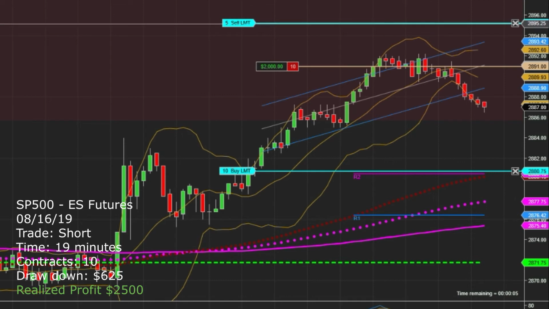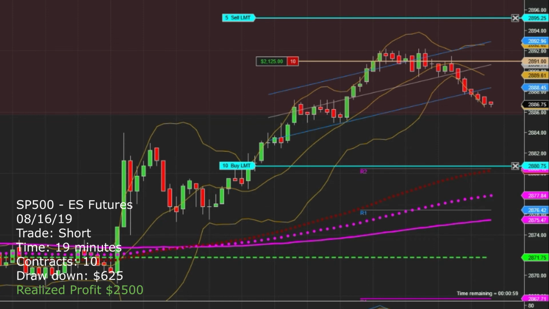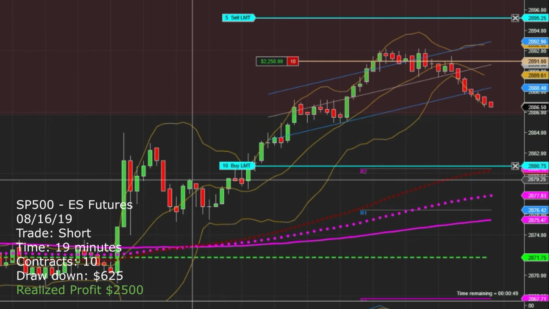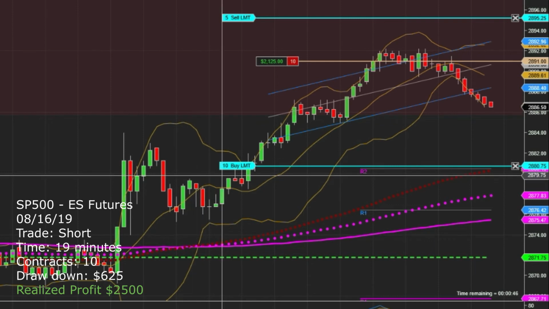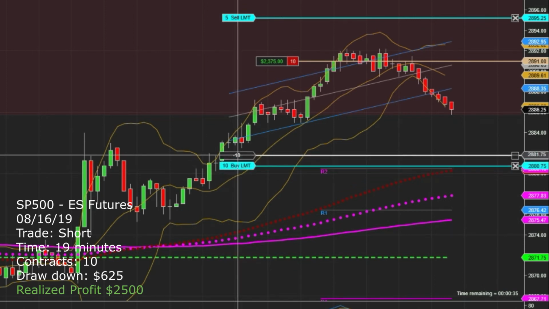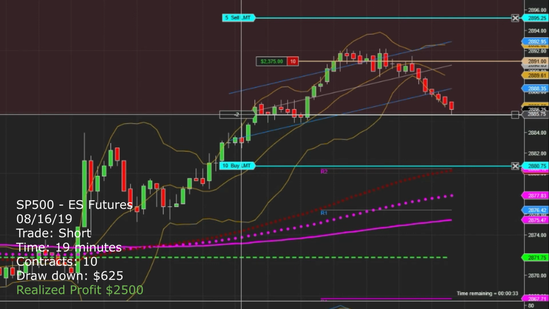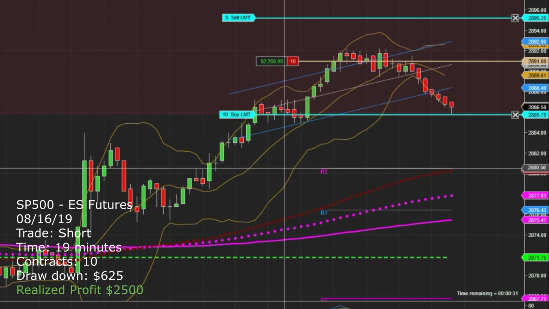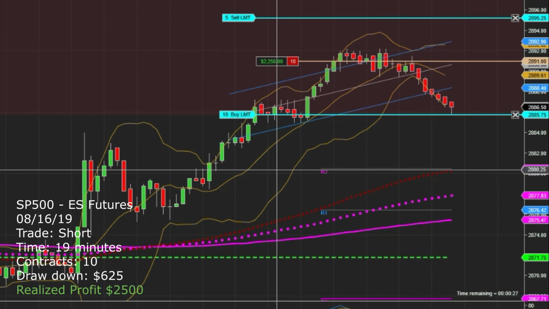And with it seemingly stalling out a little bit here, I'm going to move up my profit target and go ahead and lock in a nice big win with 10 contracts. Waiting for it to come down and lock in that profit.